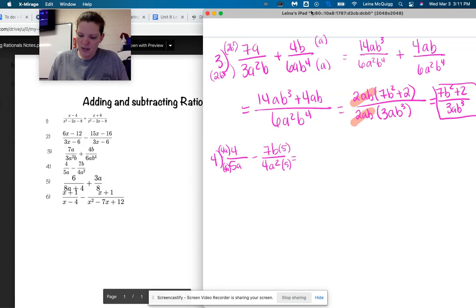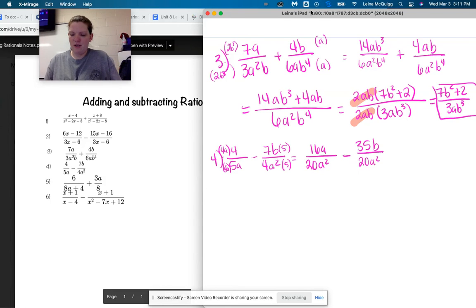So 4a times 4 would give me 16a, and then 4 times 5 is 20, a times a is a squared, minus 7 times 5 is 35b, all over 4 times 5 is 20, and a squared. So this means I have 16a minus 35b, all over 20a squared.